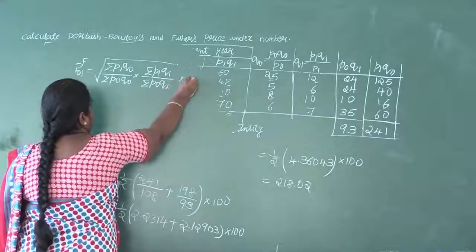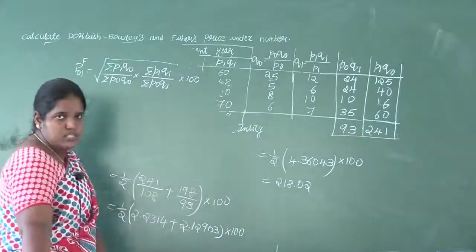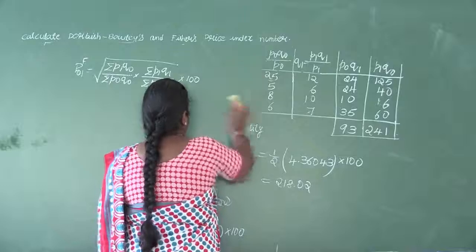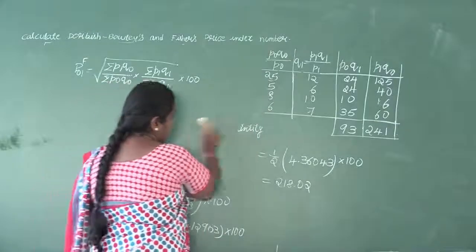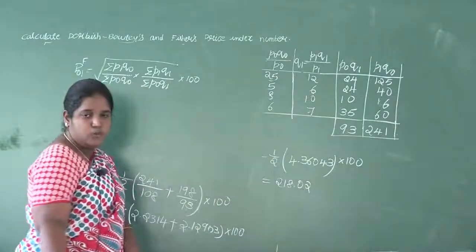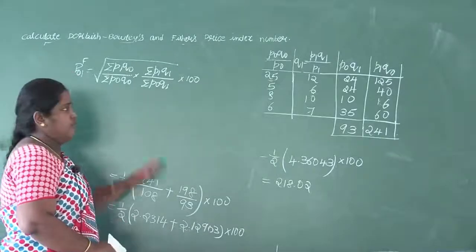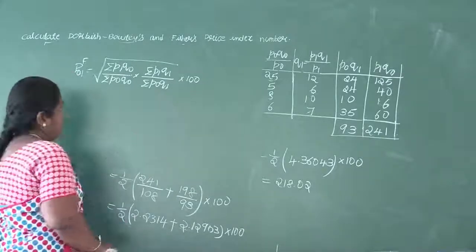Into 100 is outside the square root symbol. It is not inside the square root, it is outside, because in Laspeyres and in Paasche we have into 100. So when we multiply and take out the square root, we'll get only one 100.